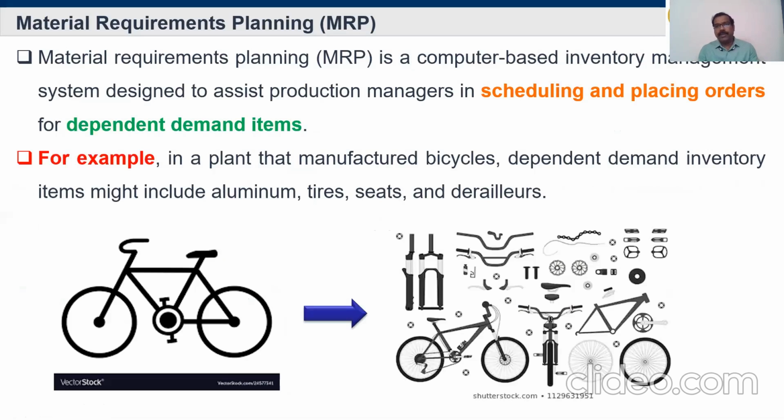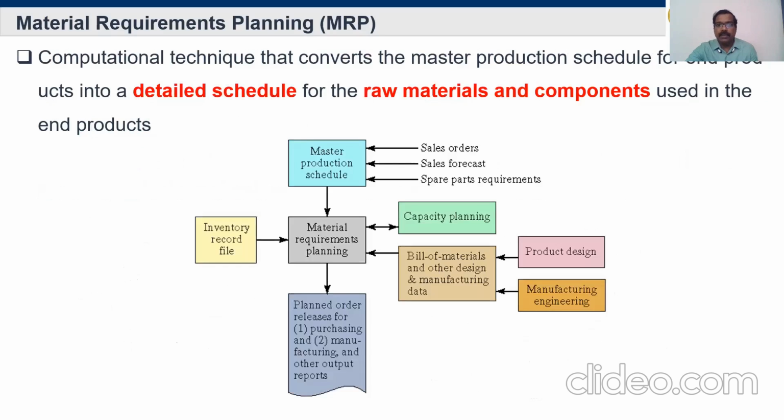Here the demand item is our bicycle in the example, and the dependent items are components or parts available inside the bicycle. And where do they come from? Basically from the bill of material. We get the details and place the order, and also plan a detailed schedule.